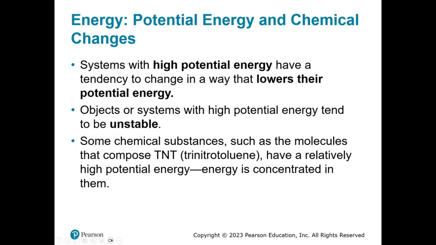So high potentials tend to go to lower potentials. And if you have instability, that change is going to happen readily. So we have some chemicals that are what we call shock sensitive. TNT is a very famous shock sensitive chemical. It is actually very stable.